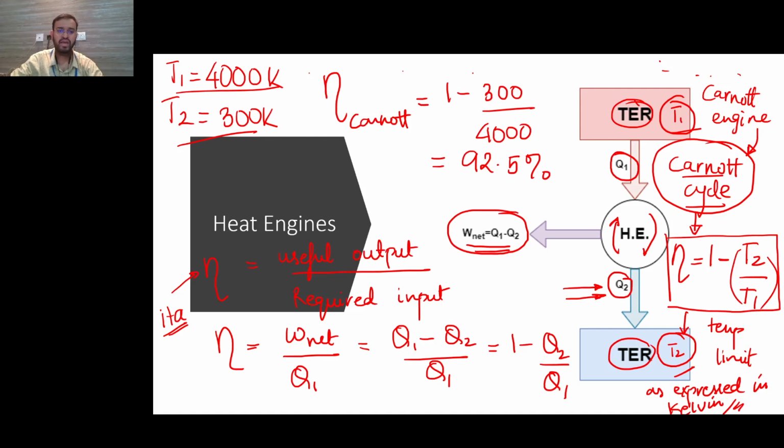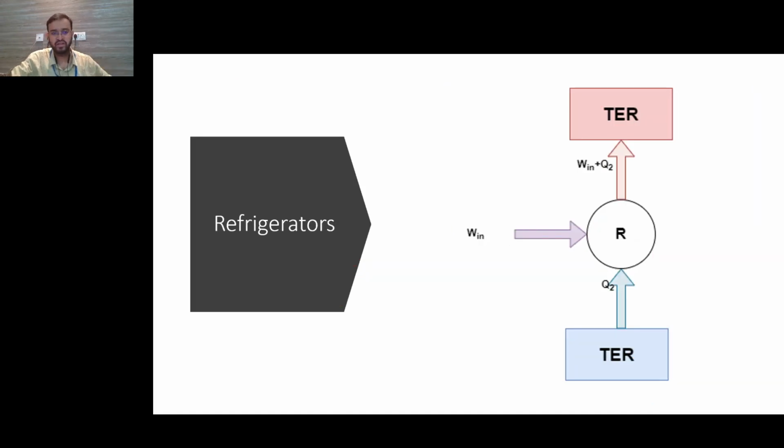Next, we'll be looking at the concept of refrigerators. A refrigerator is a device which is used to cool a place or cool a system. All right. So the definition can be as follows.